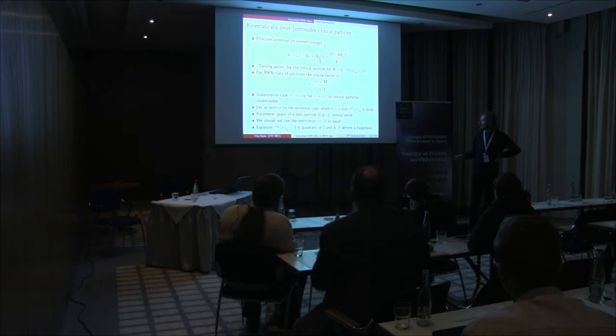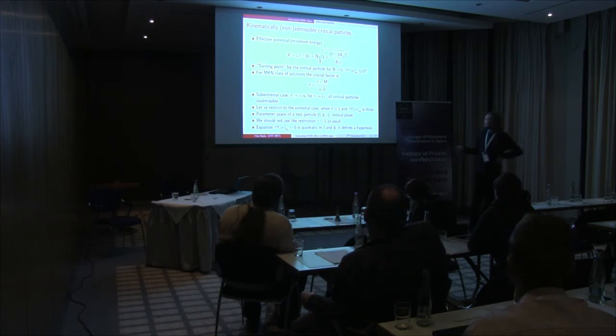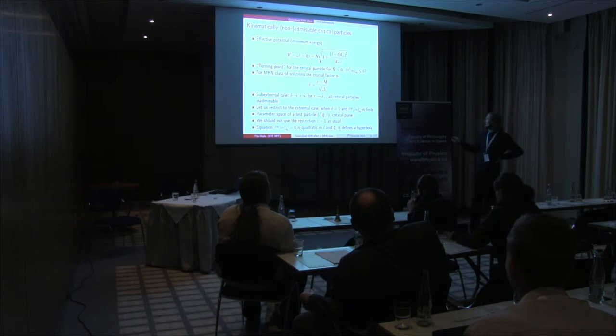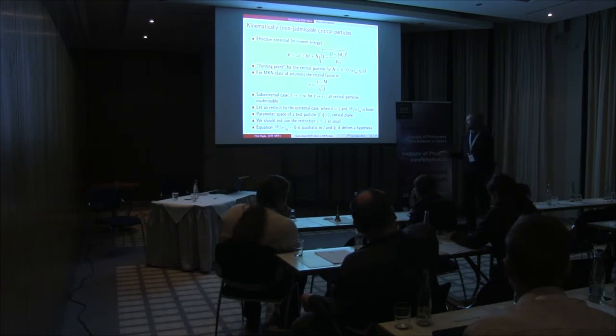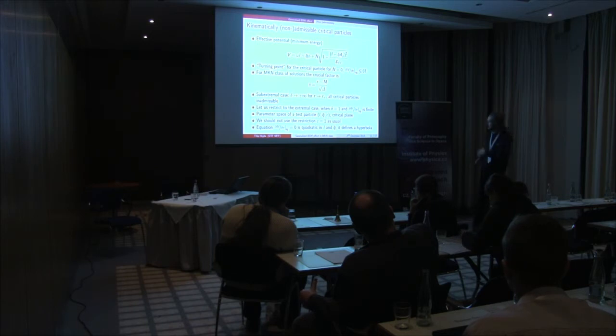And a last remark on this slide: we want to distinguish the sign of the derivative of the effective potential, so we should look for when it's zero. This equation is quadratic in specific angular momentum and specific charge. It defines a hyperbola in the parameter space.